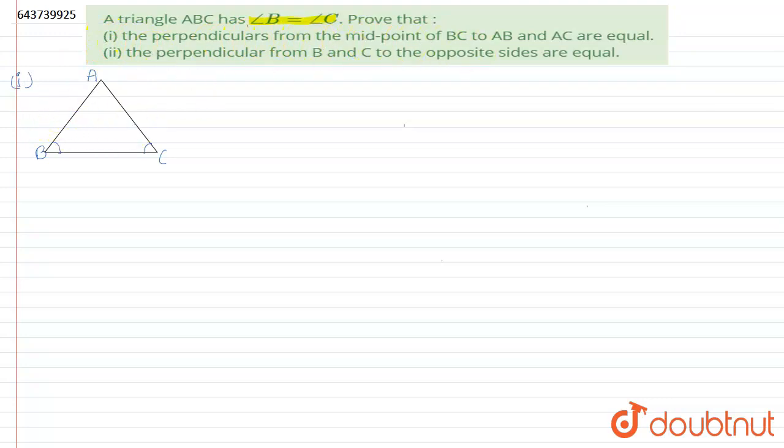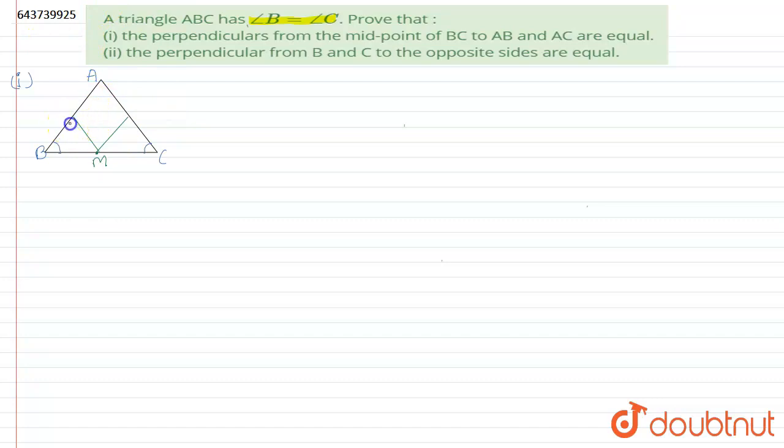Now let us draw a point, that is midpoint M on BC, and from midpoint M, perpendiculars to AB and AC. So let us draw perpendiculars from M to AC and again perpendicular from M to AB.